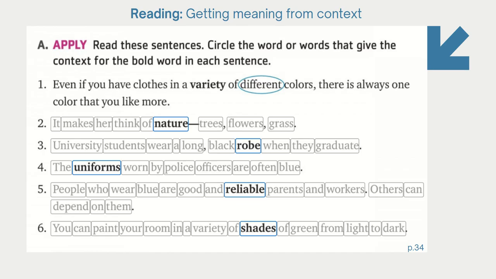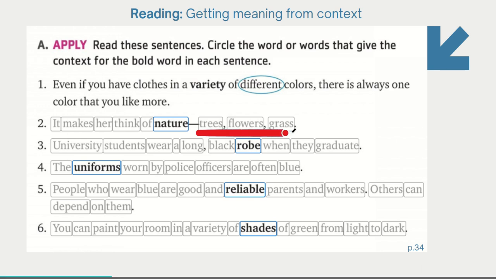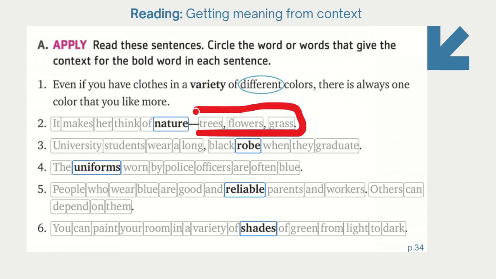It makes her think of nature: trees, flowers, grass. So we can guess the meaning of nature from what? From which context? From this one: trees, flowers, and grass.